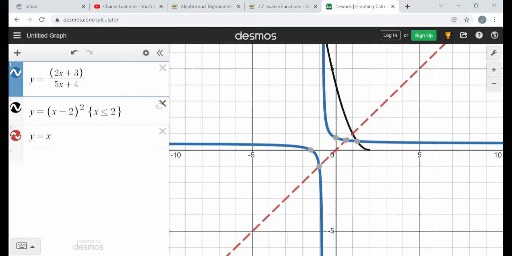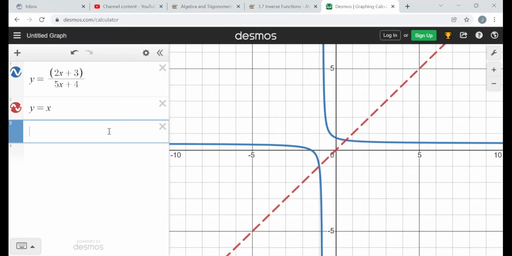Let me clear out this other graph here. I'll keep y equals x up there so we can see the reflection. But look at this: all the points on the blue graph have x coordinates that are everything but negative 4/5, and the y coordinates are everything but 2/5.